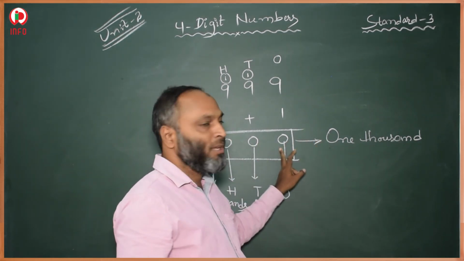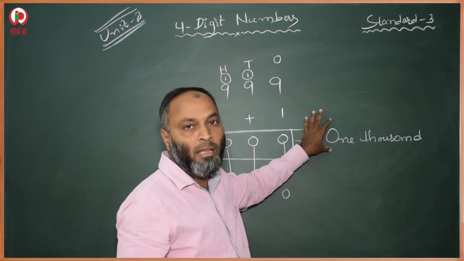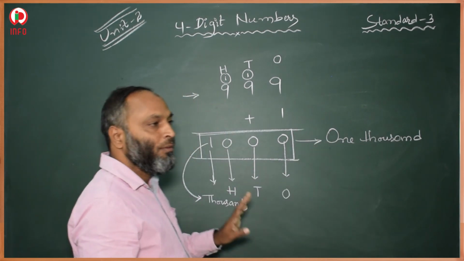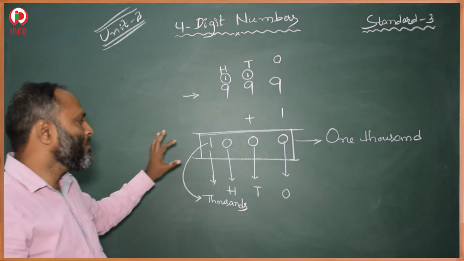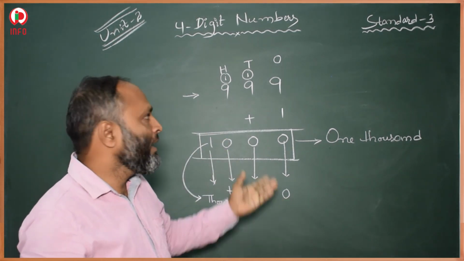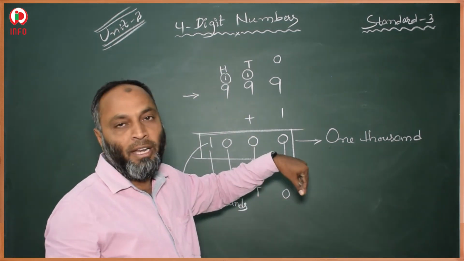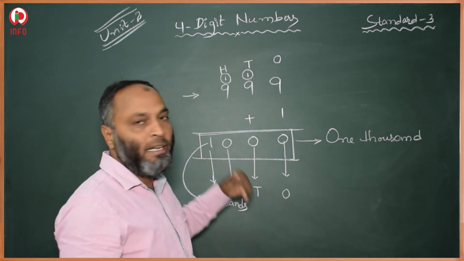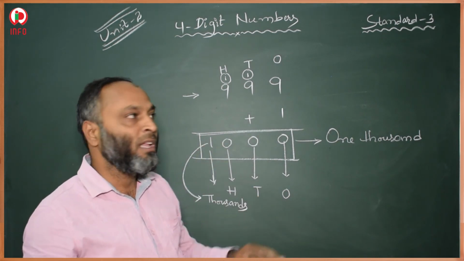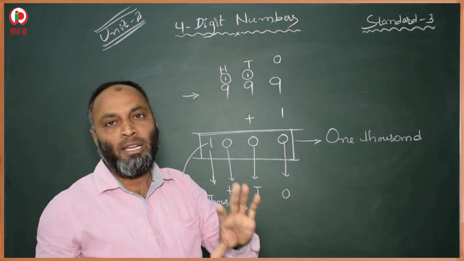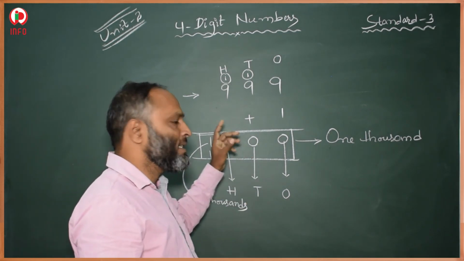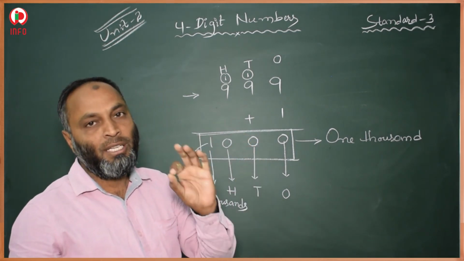There is no other number here. This is a 4-digit numeral, the smallest 4-digit numeral. Why? Right after 999 we get 1000. That is the first 4-digit numeral, 1000. So that is why this is the smallest 4-digit numeral.